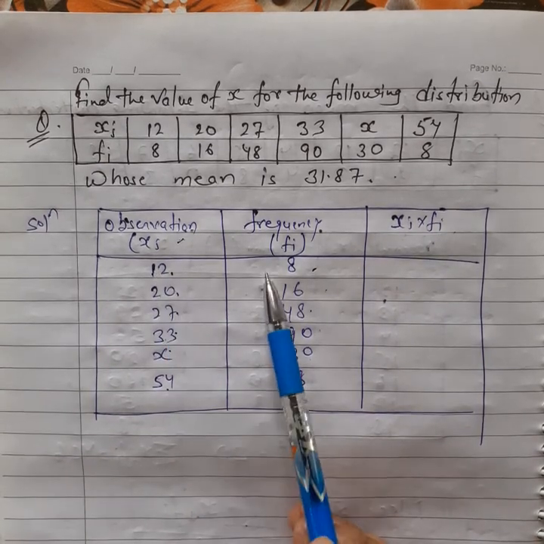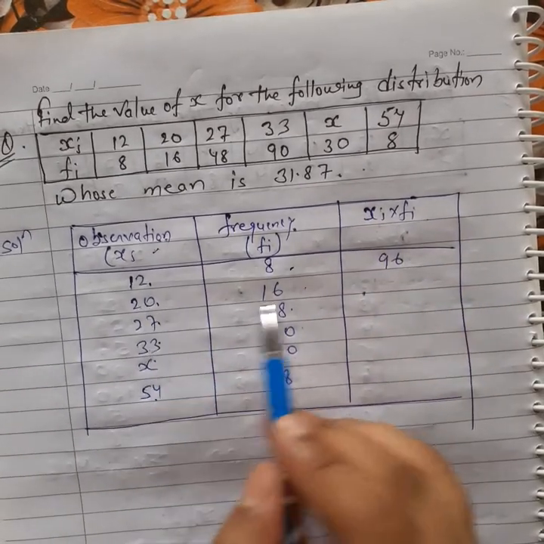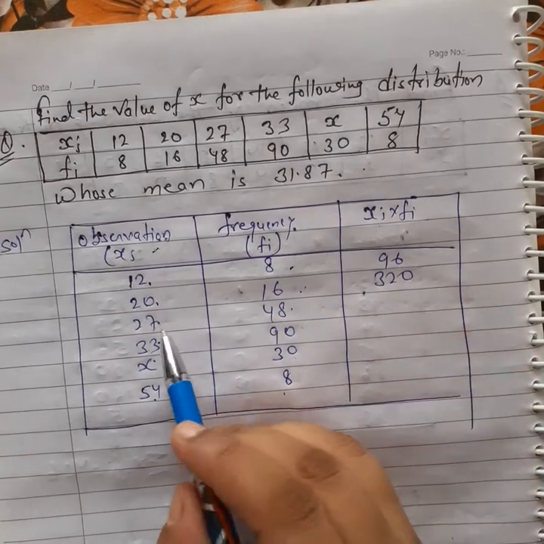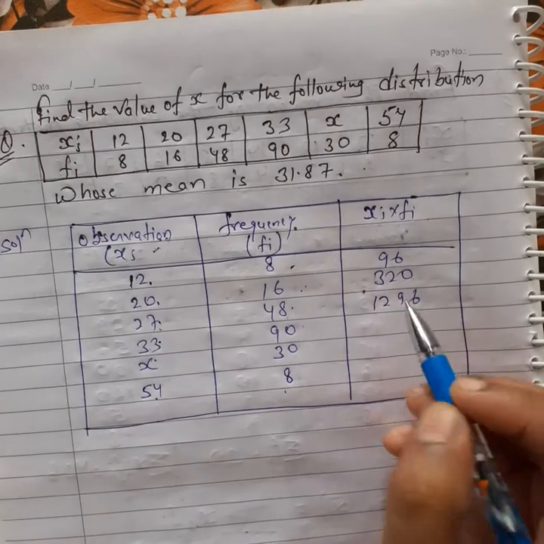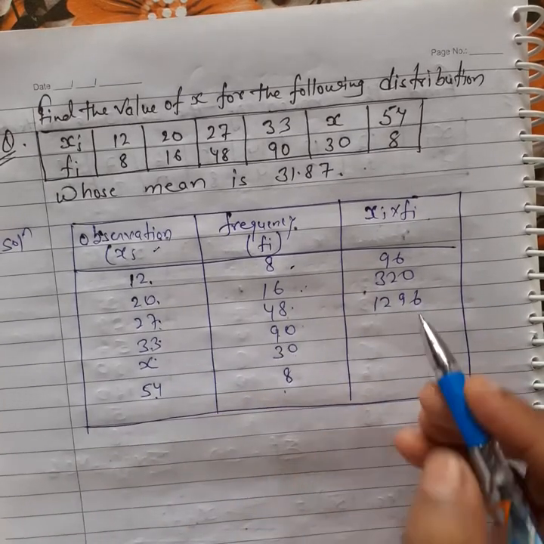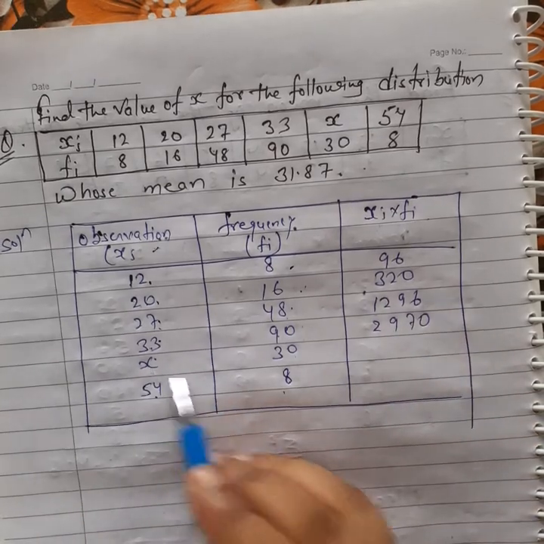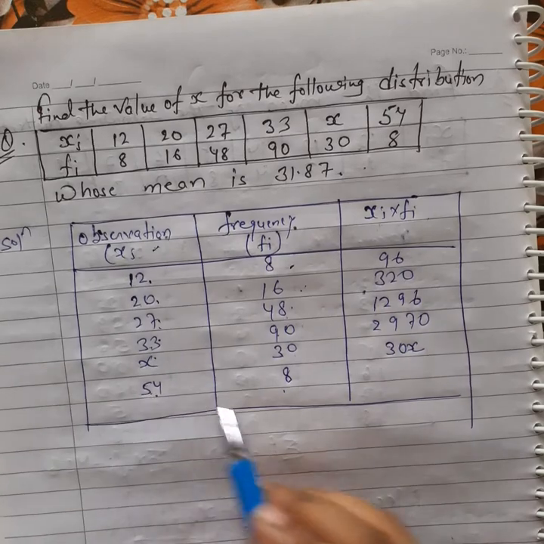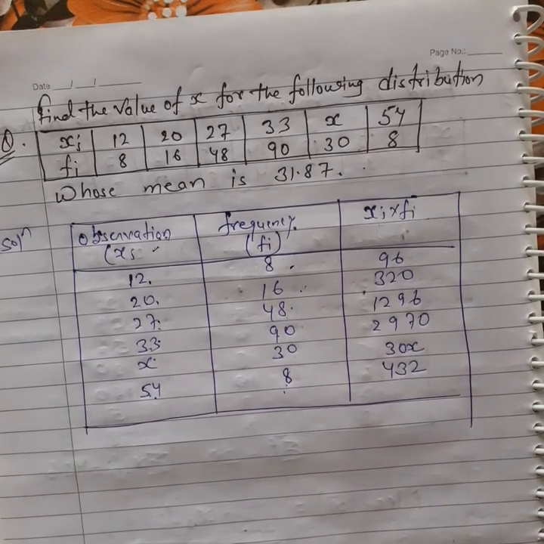That is 12 into 8 we get 96, 20 into 16 we get 320, 27 into 48 we get 1296, 33 into 90 we get 2970, x into 30 we get 30x and 54 into 8 we get 432.